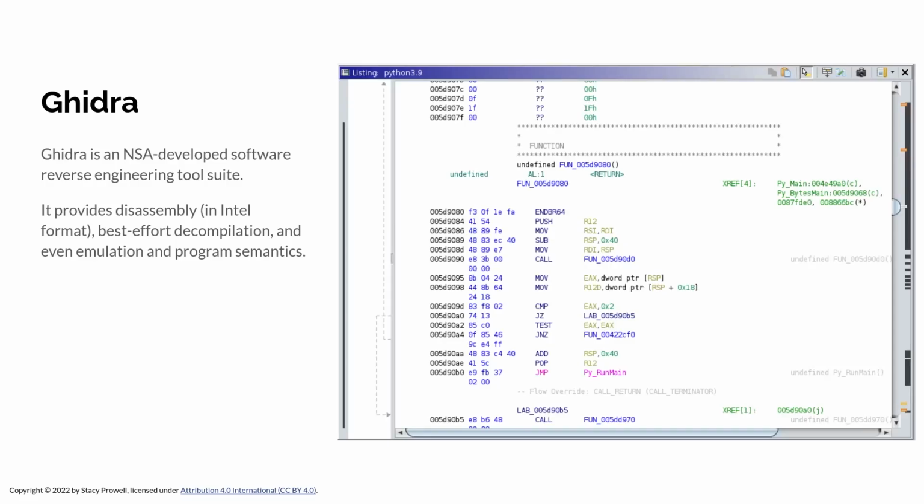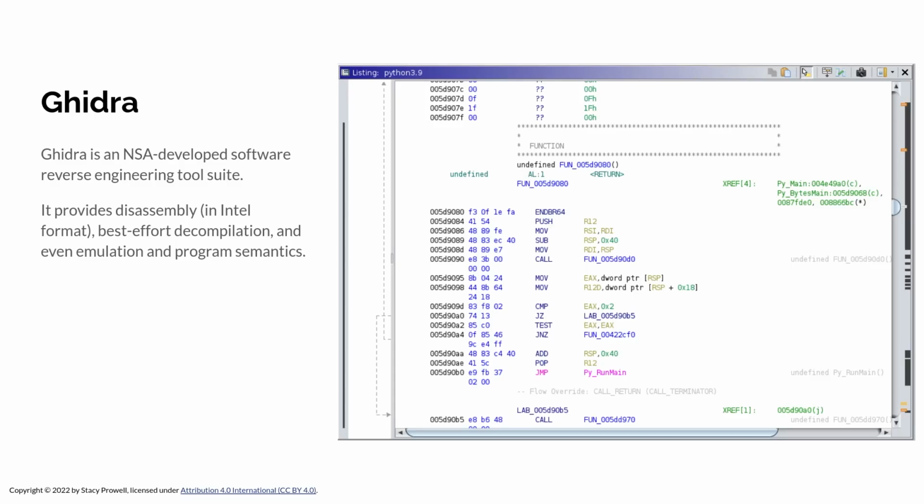Ghidra is an NSA-developed reverse engineering tool. It's a combination of a lot of different tools, and it's a platform for developing even more tools. At the highest level, Ghidra understands file formats and knows how to disassemble binary content.